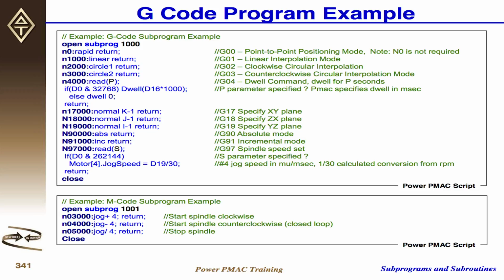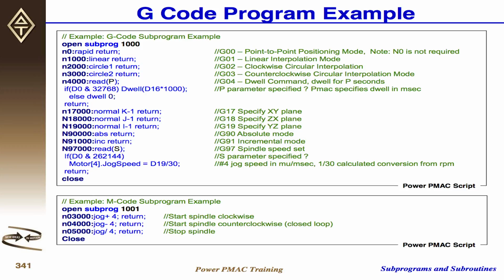And then it returns, so it will go back to the calling program, your part program. So you have all those covered in here. G00 is covered in N0 as rapid mode, return. G01 linear interpolation, so N1000 colon linear return.